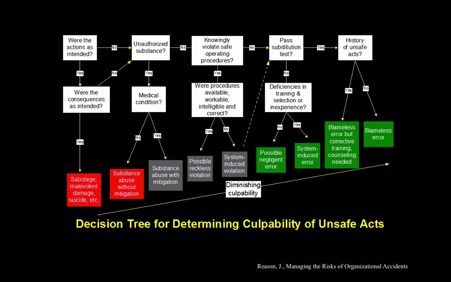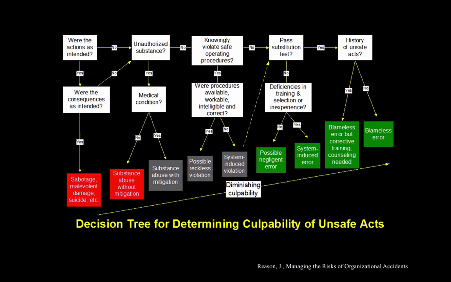And if the person has a history of unsafe acts, then corrective training and counseling will be required for the person. If the person doesn't have a history of unsafe acts, if this is the first time, then it is a blameless error. So as you go from left to right, the culpability of the person, or the guilt, so to speak, goes on reducing.